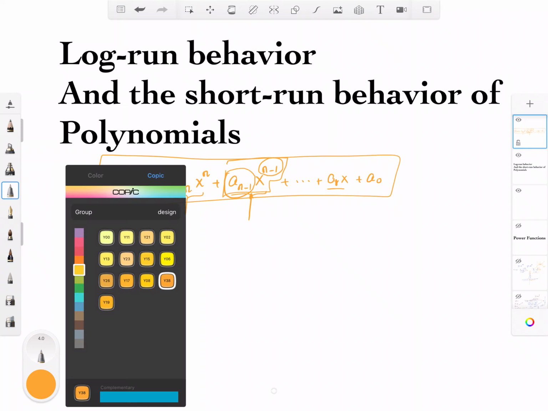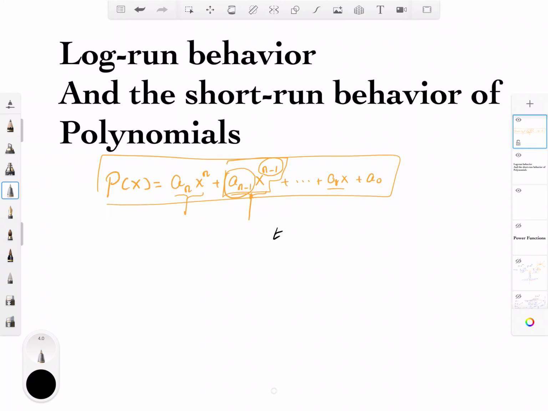For example, p of x equals 5x to the power of 8 plus 6x to the power of 7 plus 9x to the power of 4 minus 5x squared plus 5.